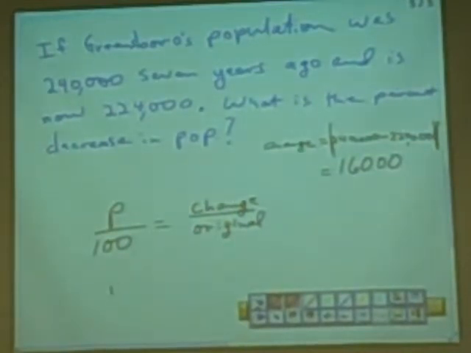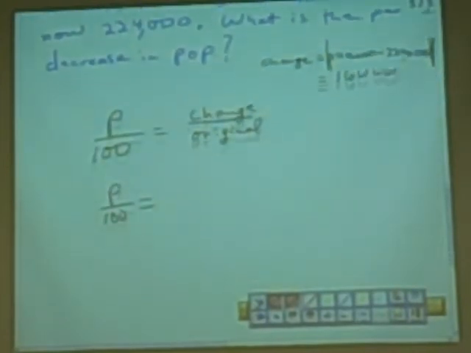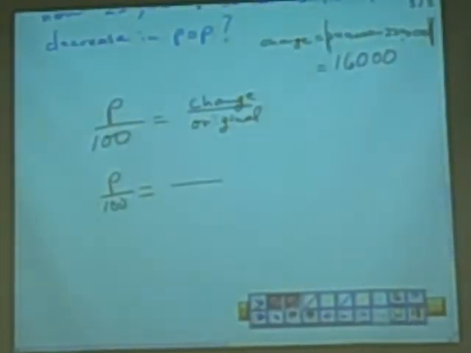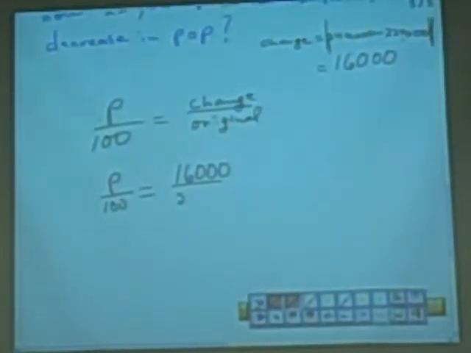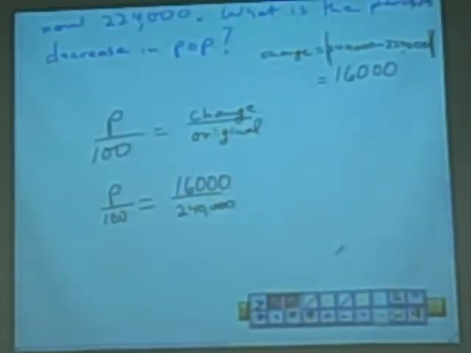Okay, so we want to put P over 100 equals to what? What goes in the numerator? 16,000 over our original, which is what? What's our original amount? 240, right? Okay?